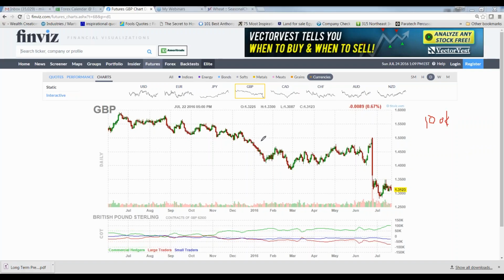So the size of the contract of the pound with the brokers is about 62,500 British pounds. That's the size of the contract. So each contract that you buy or sell in the British pound is 62,500.